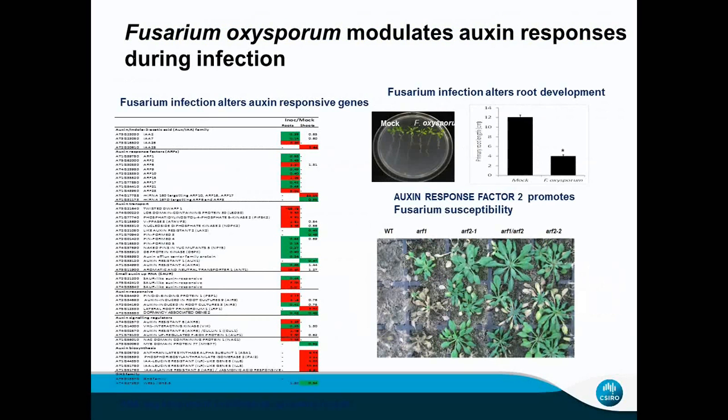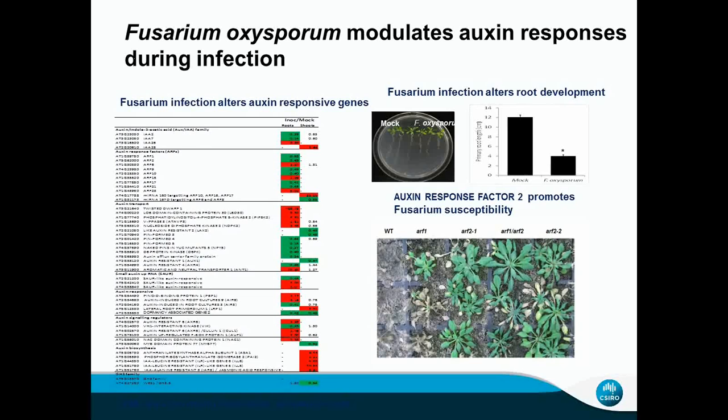More recently, we have done some RNA-seq experiments to further confirm that. The genes that you can see here are differentially expressed in roots and leaves of Arabidopsis plants. You can probably read all these, but all these genes that we have identified are one way or another associated with auxin responses, either auxin transport, auxin signaling, or auxin biosynthesis. They are all differentially expressed in Fusarium oxysporum infected roots.